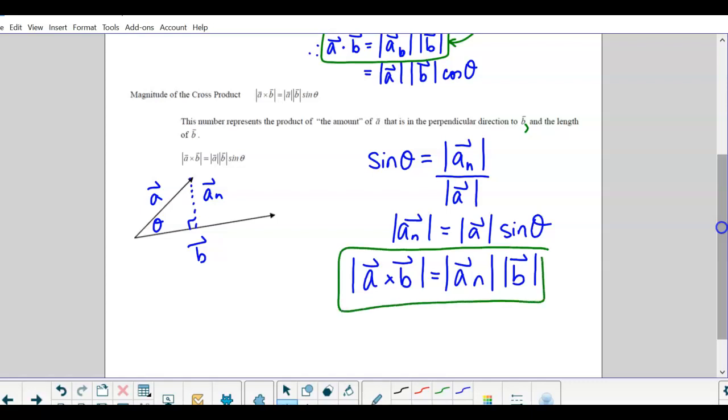The magnitude of the cross product is equal to the amount of A in the normal direction, perpendicular to B, multiplied by the magnitude of B. So that's this part here. And now we can substitute in. So that's going to be A, B, and here.